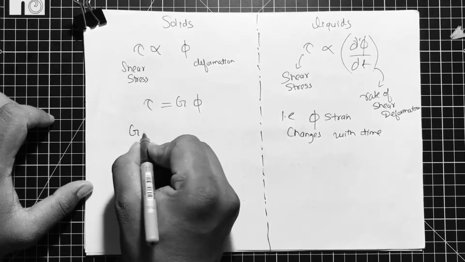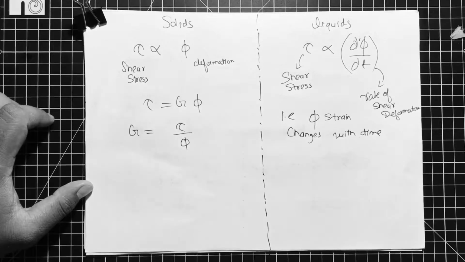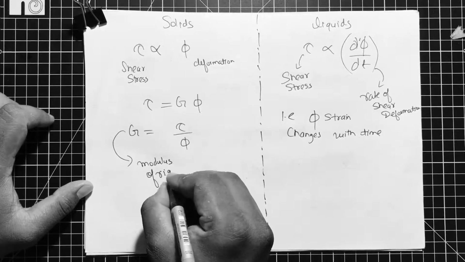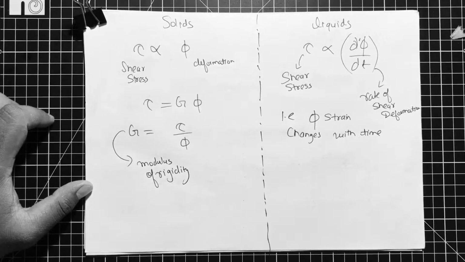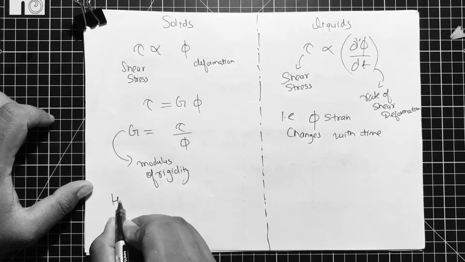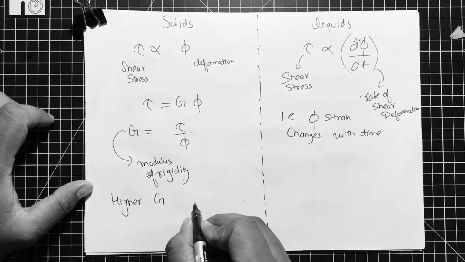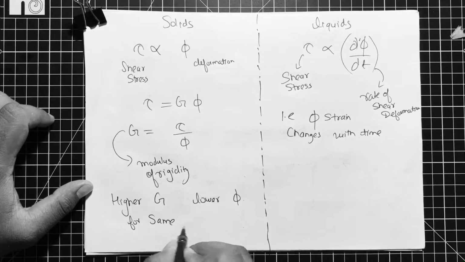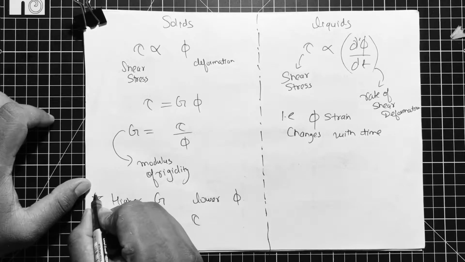When we change the sign of proportionality into the sign of equality, we have a constant of proportionality G, which is defined as the modulus of rigidity. So if we have to define modulus of rigidity, it is shear stress upon shear deformation, that is stress over strain.